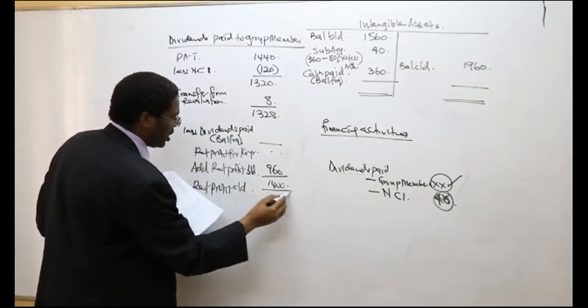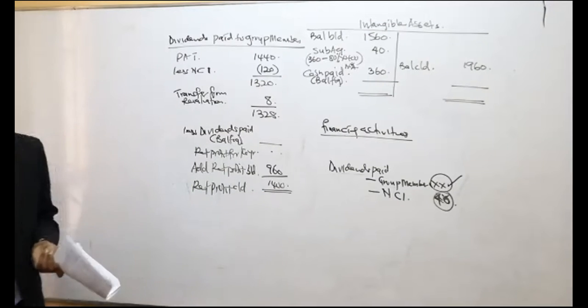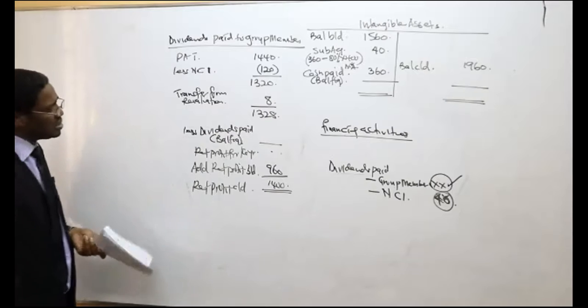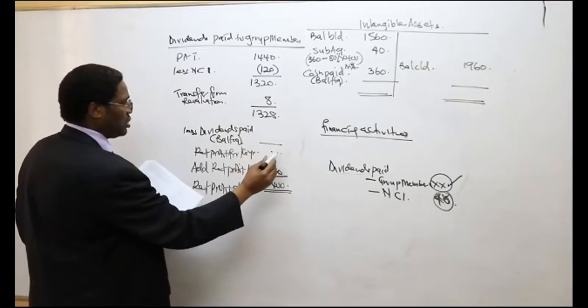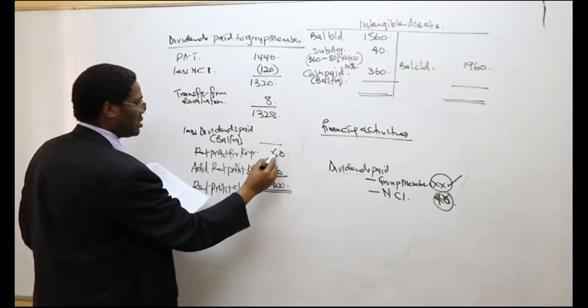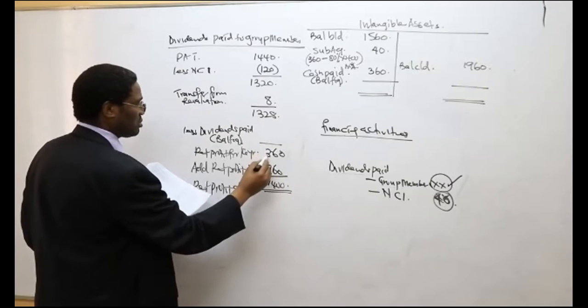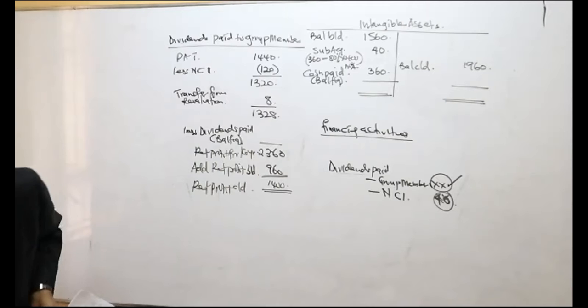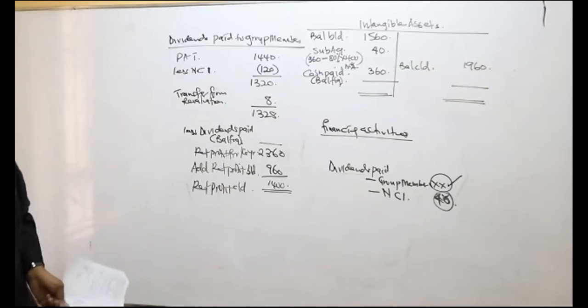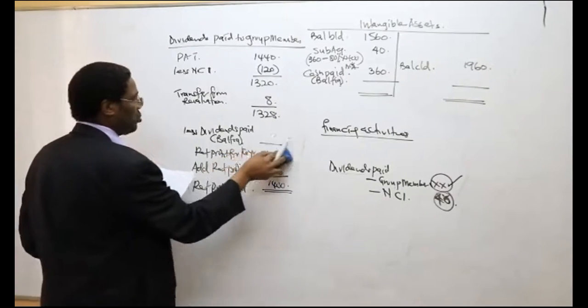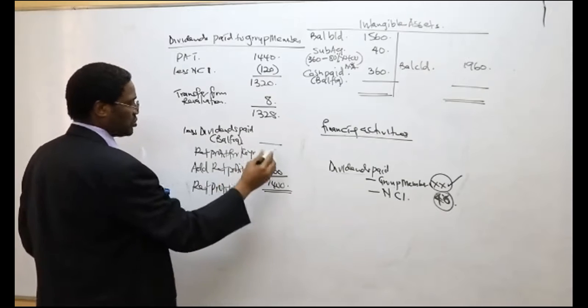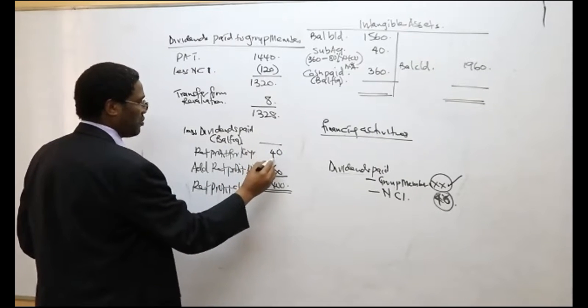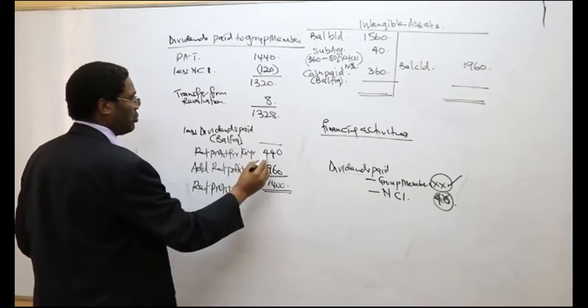Retained profit carried down, which from the balance sheet this year is given as 1400. Now we can work backwards. We are subtracting, not adding, because we are going backwards. So that must be 440.